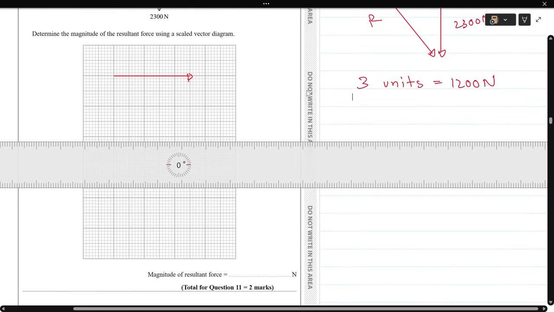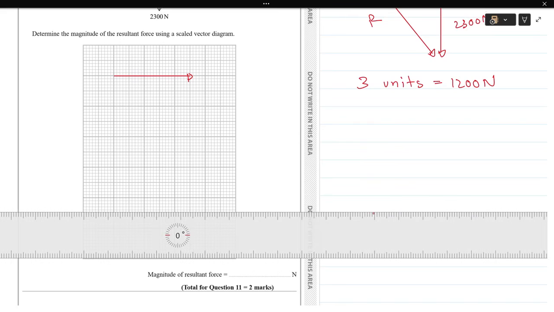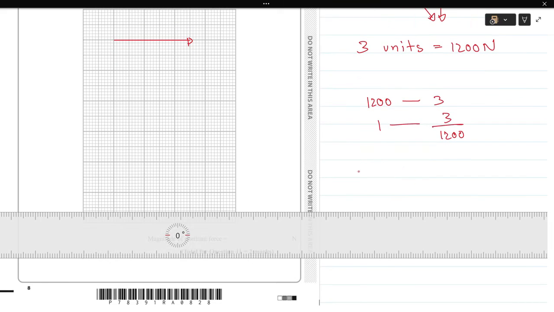Now if I use 3 units as 1200 Newton, let's use the unitary method. So 1200 Newton is 3 units. 1 Newton would be 3 divided by 1200, and 2300 Newton would be something like this. So what is the value of this? It is something like 5.75 units.